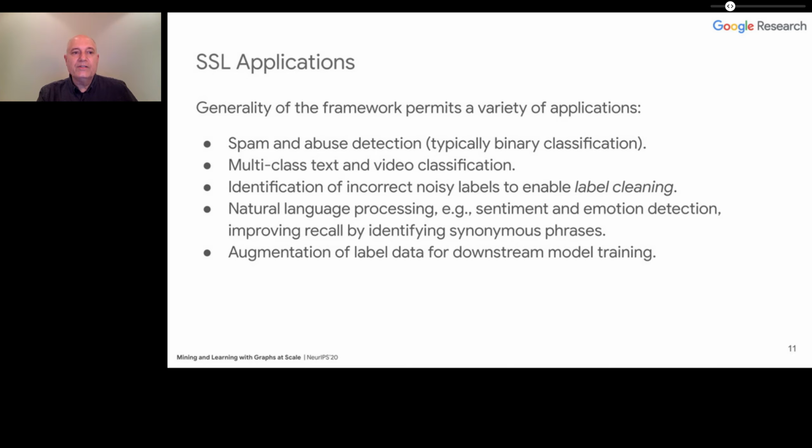So, for example, at Google, we've applied label propagation to spam and abuse detection, which is typically modeled as a binary classification problem, although it can also be modeled as a multi-class problem if, for example, there's different types of spam or abuse that you want to try and identify. We've also applied it to text and video classification, where there could be a very large number of potential labels.